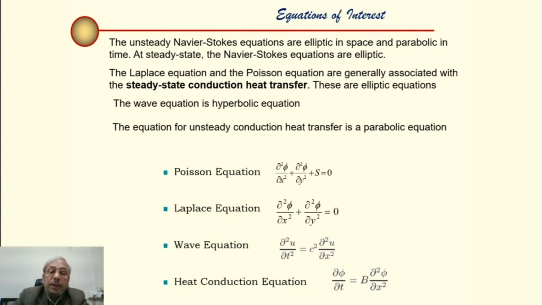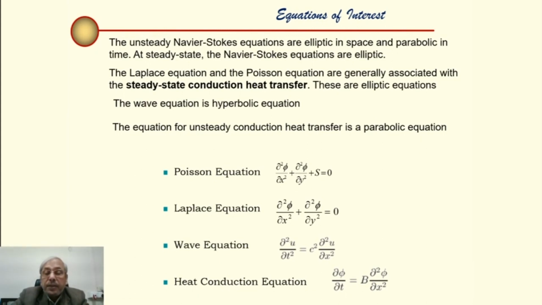Now Poisson's equation: ∂²φ/∂x² + ∂²φ/∂y² + S = 0. If we define temperature as φ, and S is the source term, the volumetric heat generation rate, then it becomes Poisson's equation.